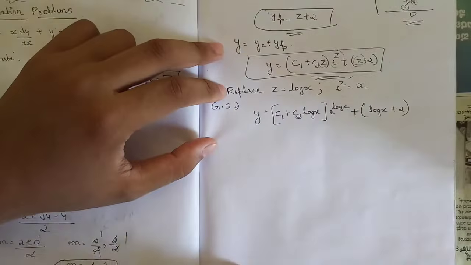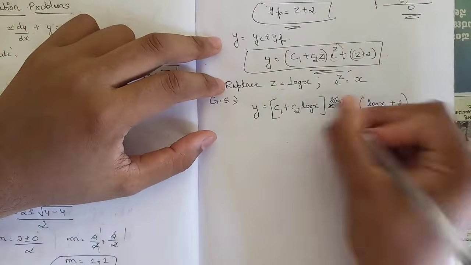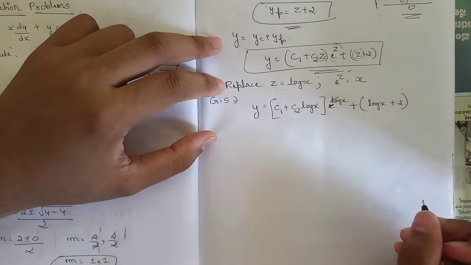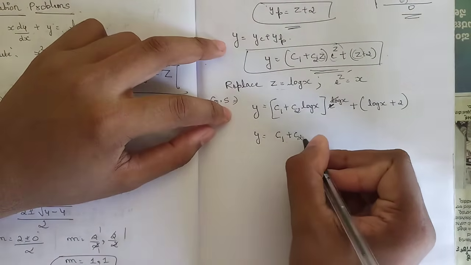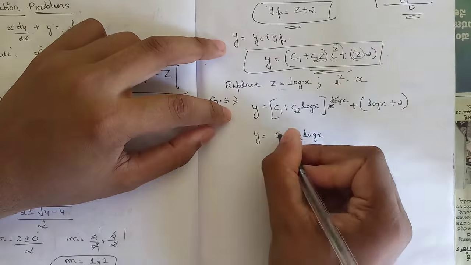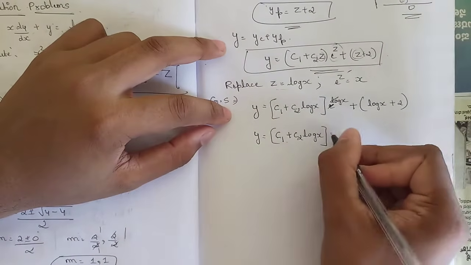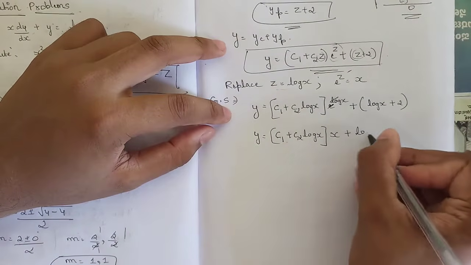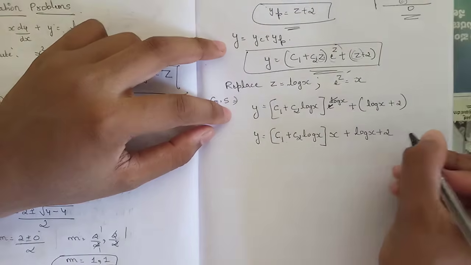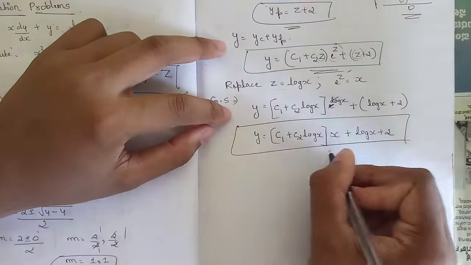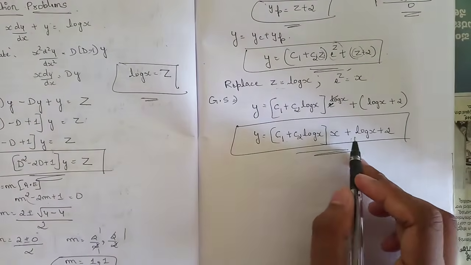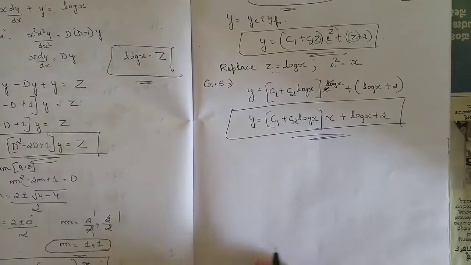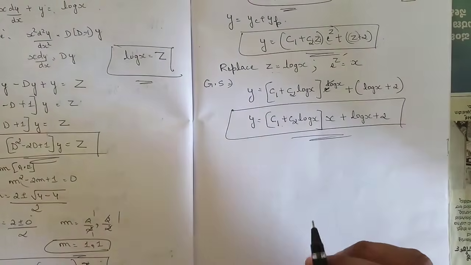Here the exponential and log terms cancel each other. So our final general solution is c1 plus c2 log x into the remaining term x, plus log x plus 2. Now this is our general solution where all the functions are in x terms.